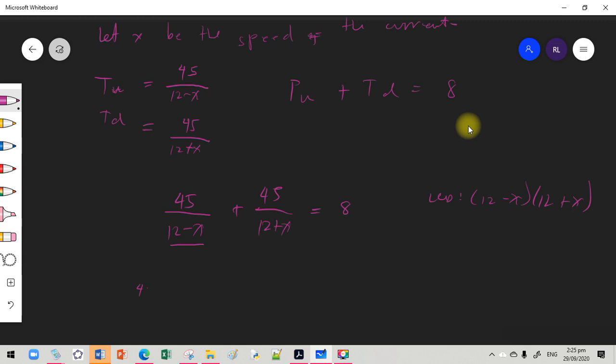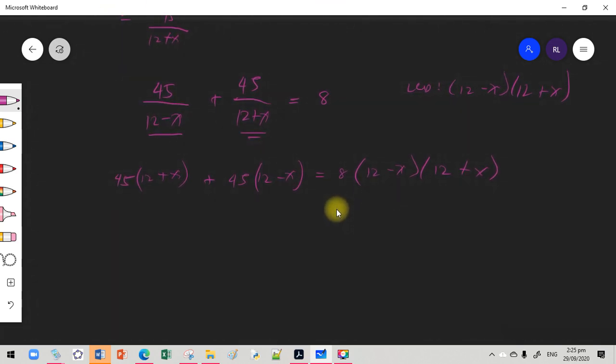We are left with 45 times 12 plus x, plus 45 times 12 minus x, equals 8 times 12 plus x times 12 minus x. Now we are ready to simplify. 45 times 12 is 540.